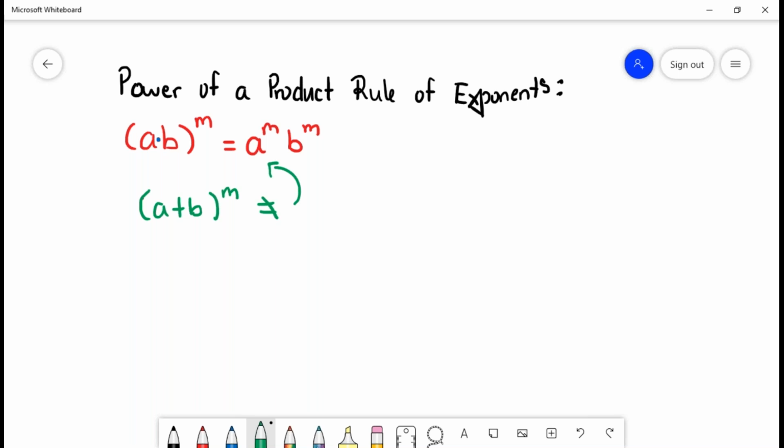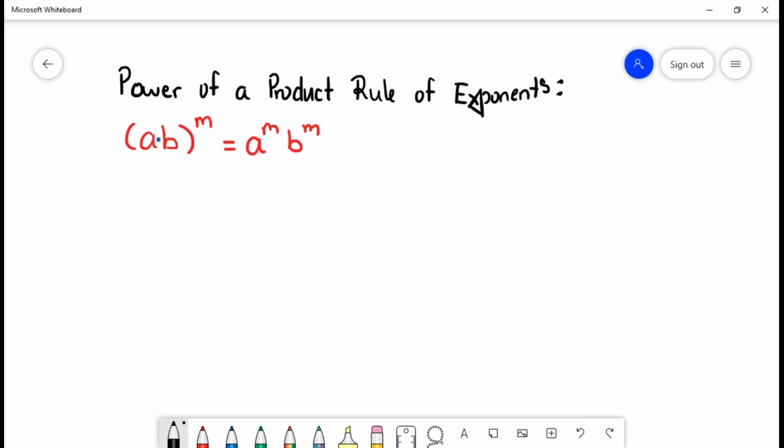These are two completely different things, so do not get confused. There is multiplication here between the terms, and addition there between the values. So this rule only works when there is multiplication within the brackets, and keep that in mind.